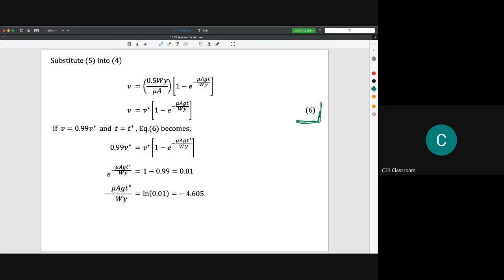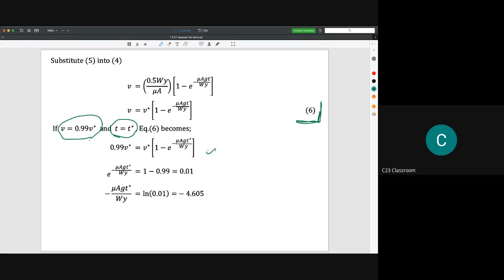Then we need to get the time when the velocity reaches 99% of the terminal velocity, and the time will become t star. This is just the way we solve this one.